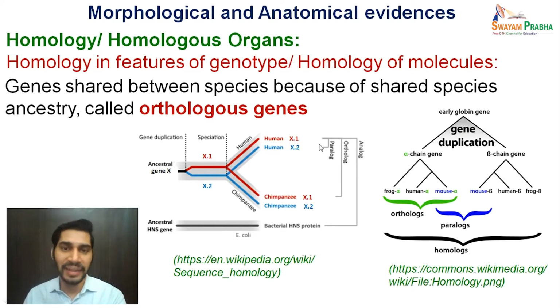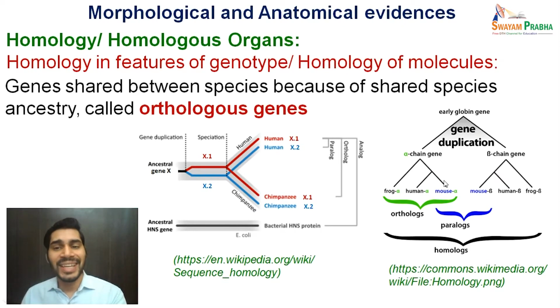On the other hand, if you compare the human X.1 with the human X.2 within the same organism, but different genes arising because of duplication, they are termed as paralogous genes. Yet another branch can be if you compare human X.1 with another organism, let's say some bacterial genes or proteins. They present analogous structures or organs.